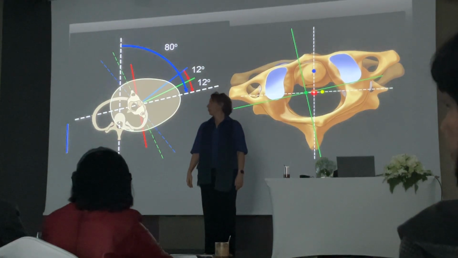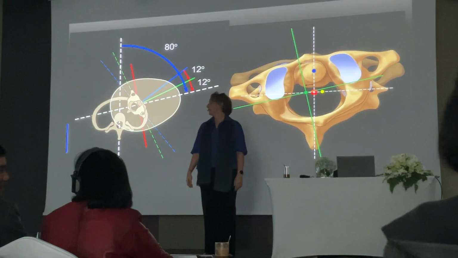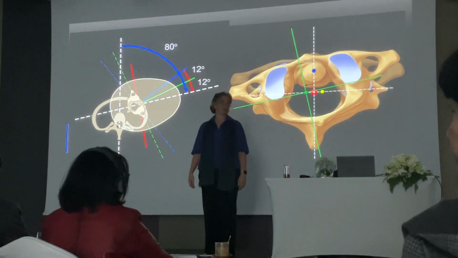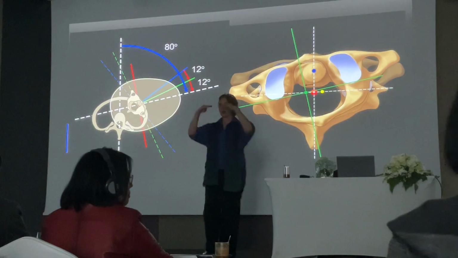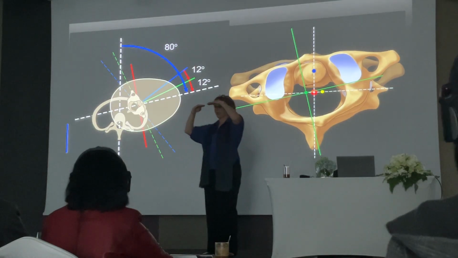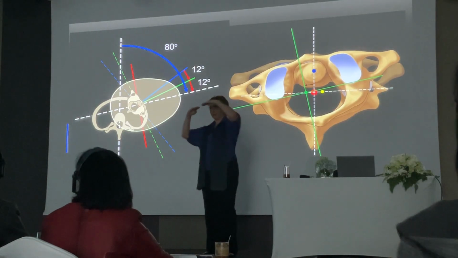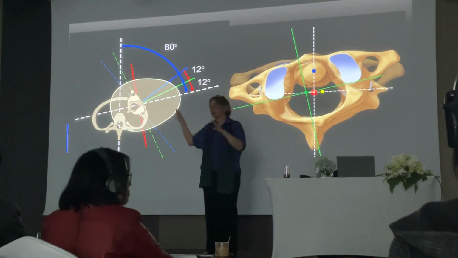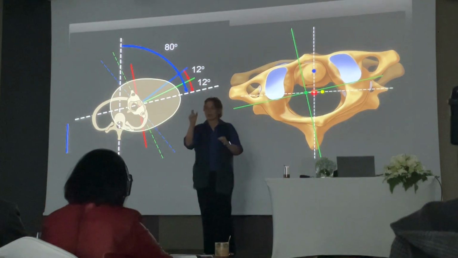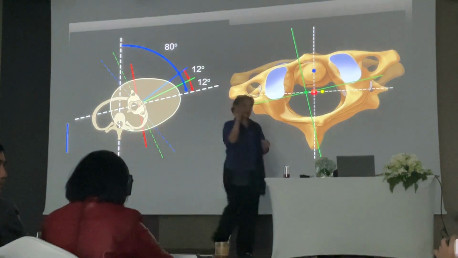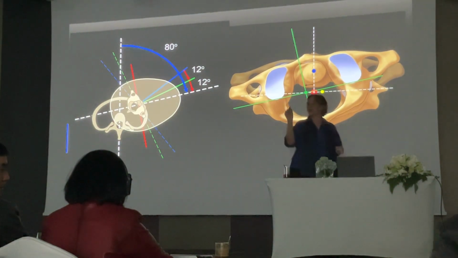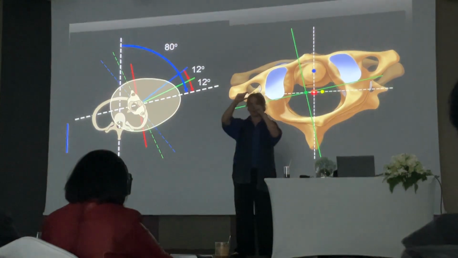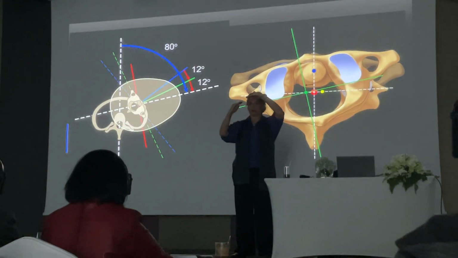I'd like you to notice what happens to the level of your eyes when you go to the very end of the motion. What happens to your eyes? Cants, right? Because your entire face is canting. When you get to the very end, that is the very minute rotation that happens between your C1 and your C0.